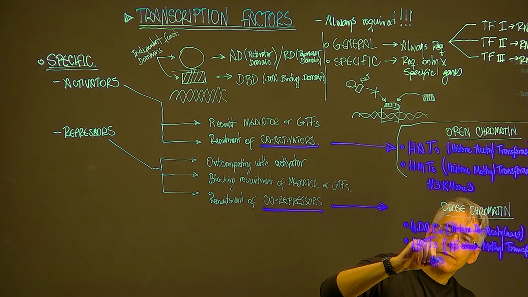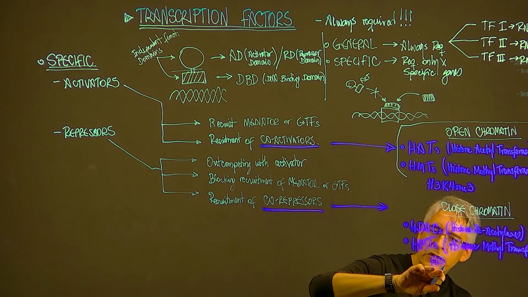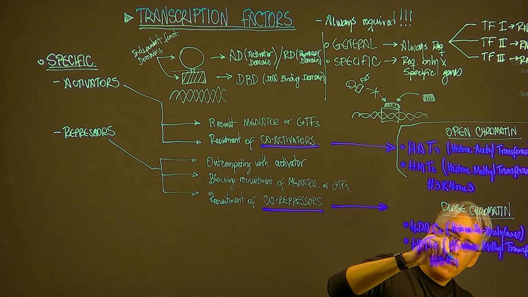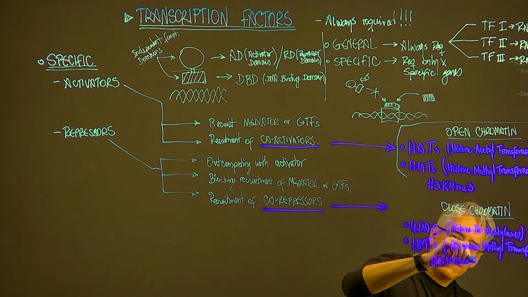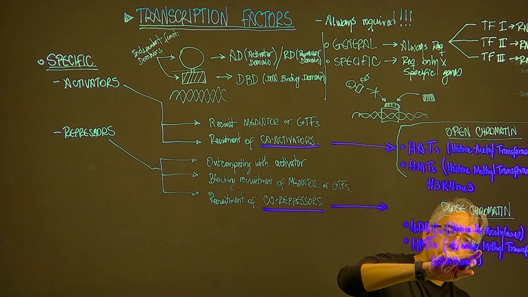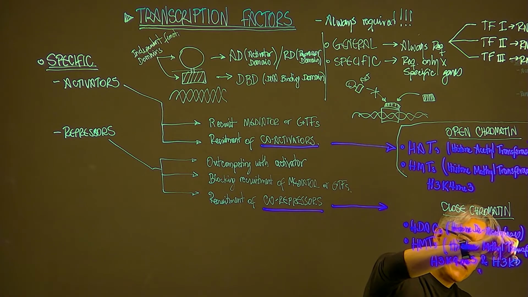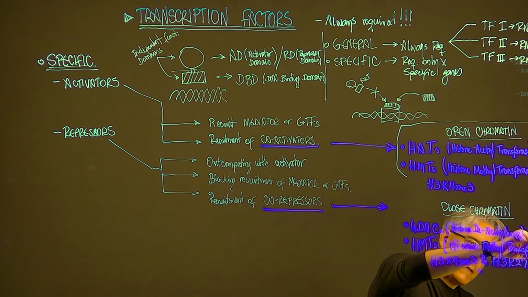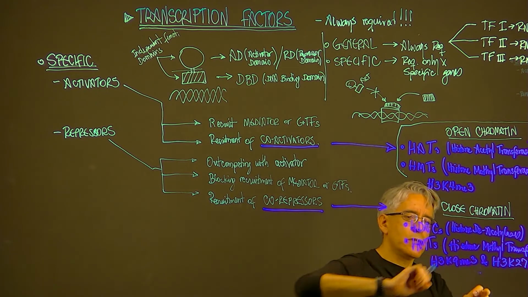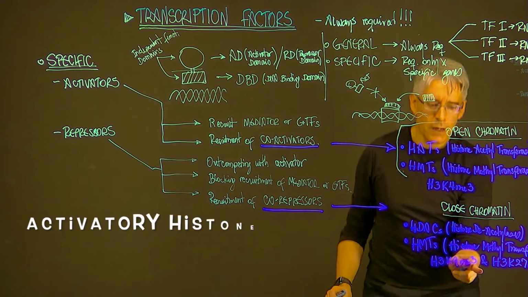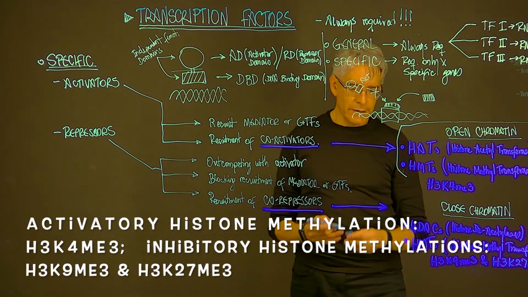Those are the ones that do histone H3 lysine 9 trimethylation, as well as the ones that do histone H3 lysine 27 trimethylation. So these are two examples of histone methyltransferases that are inhibitory.